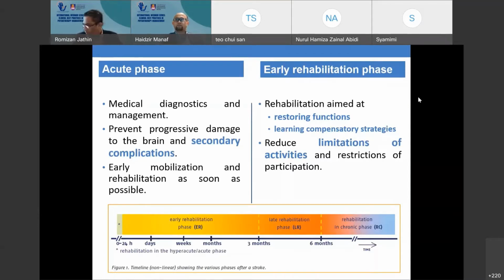The aim of this phase is to restore functions, and some of the patients might relearn or learn new compensatory strategies in order to prevent limitations of activity and restrictions of participation.